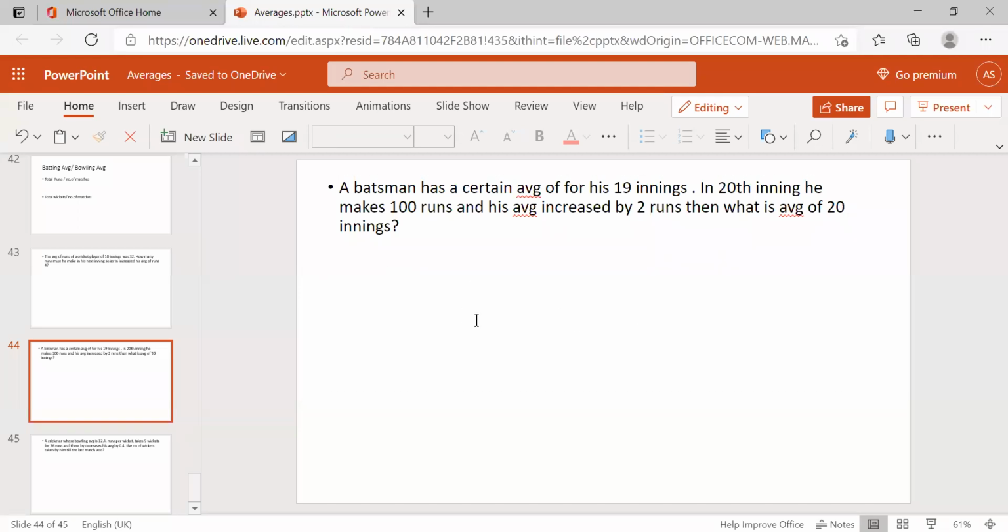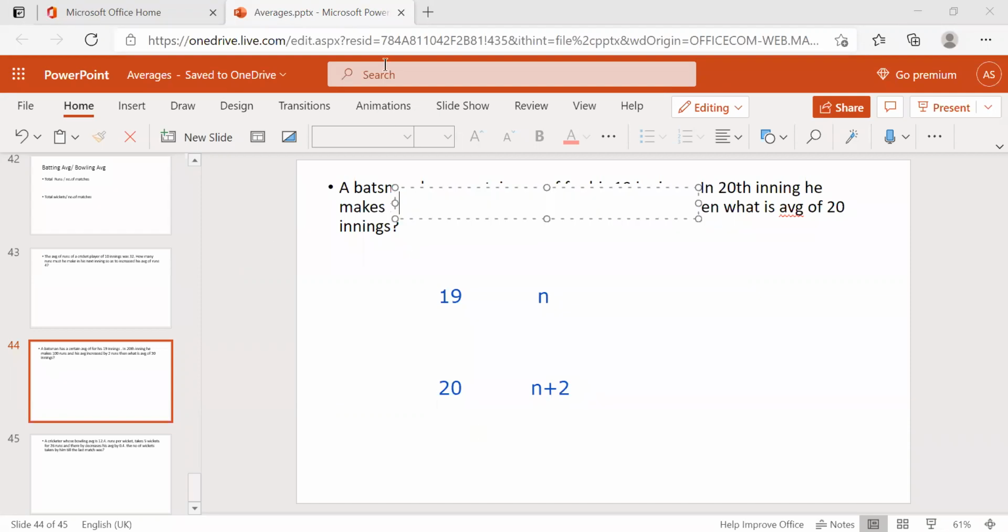Here they didn't give the average. They gave 19 innings first, and the average we don't know, so n. For the 20th innings, the average increased to n plus 2. And they gave that the runs is 100.